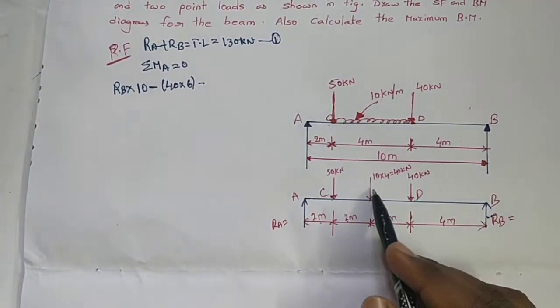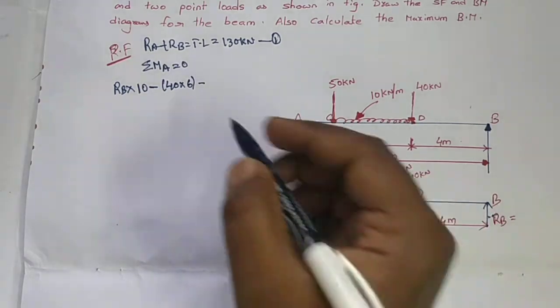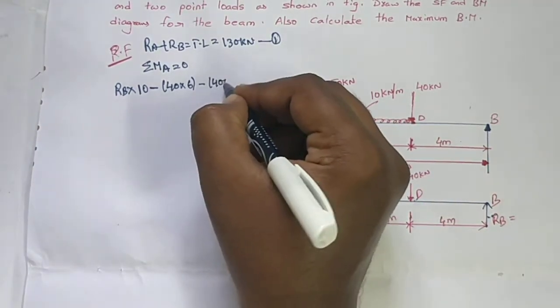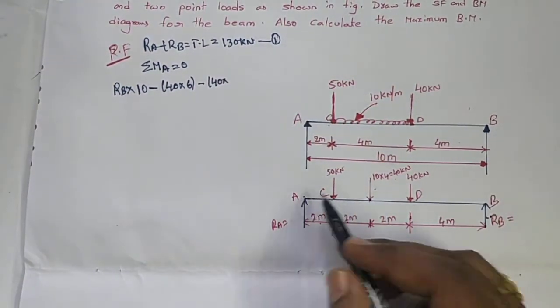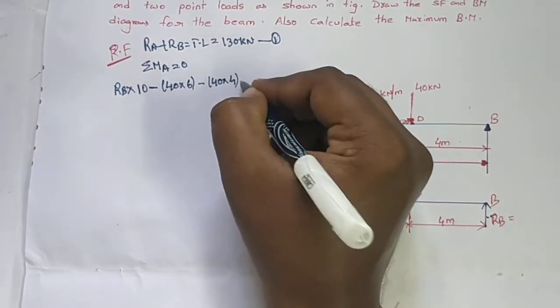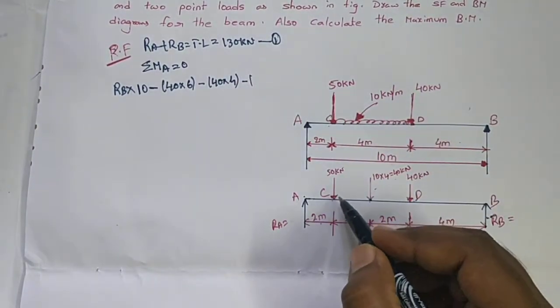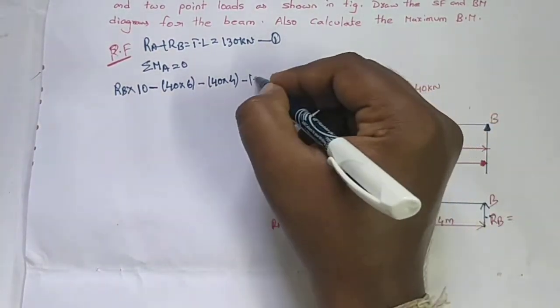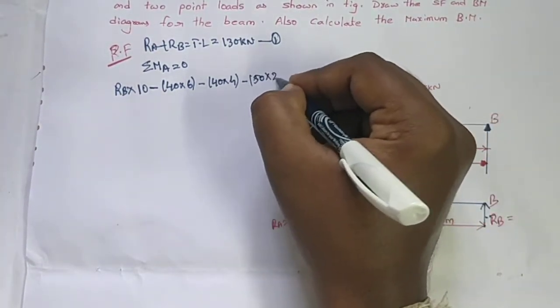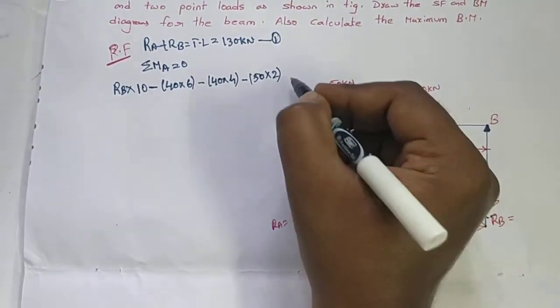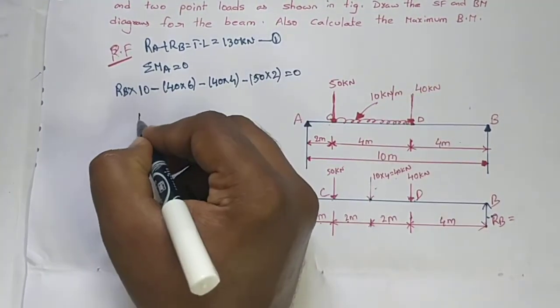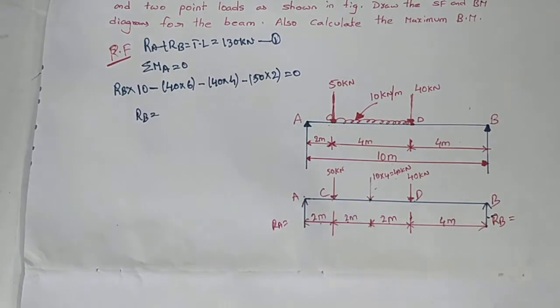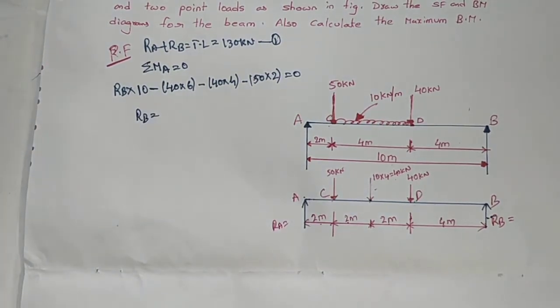Similarly, the next load, the converted load, is 40 kilonewtons, at a distance of 4. Next, the third load, that is 50 kilonewtons, is acting at point C at a distance of 2 meters, that equals 0.